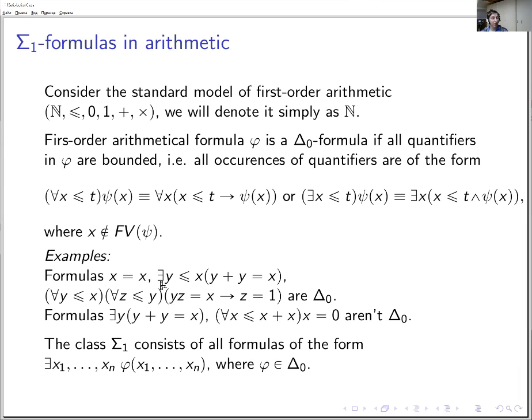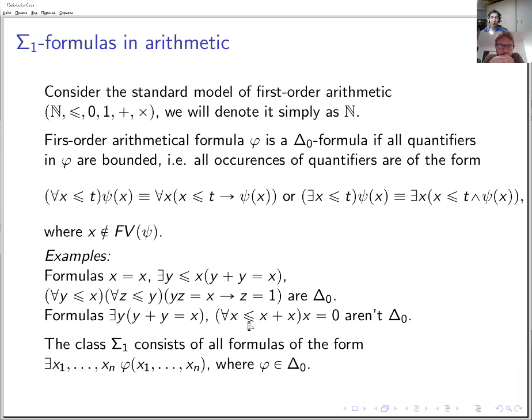Some examples of delta 0 formulas: you could use bounded quantifiers, but if you have unbounded quantifiers, it wouldn't be a delta 0 formula, and if the bound depends on the variable that it bounds, it's also not a delta 0 formula, so this is not a valid form of bounded quantification.